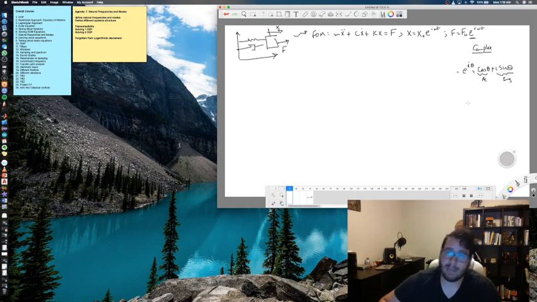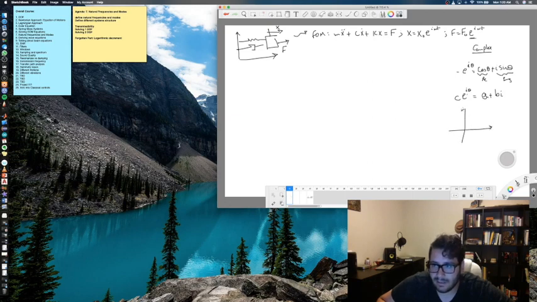Another identity that is really cool for us to know is C e to the i theta is equal to A plus B i. That's another very important identity. So think of this, right?